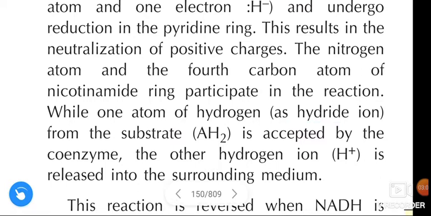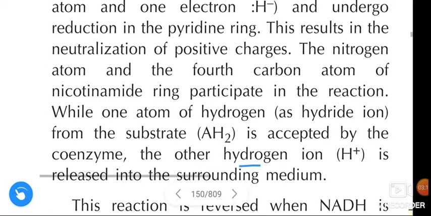That means this hydrogen molecule divides into H plus and H minus. Hydride ion means H minus, and hydrogen ion is H plus.